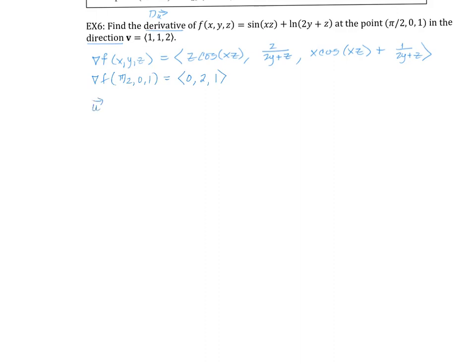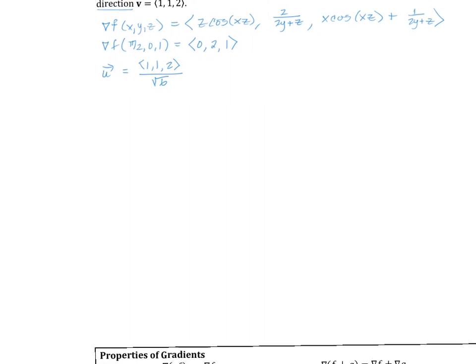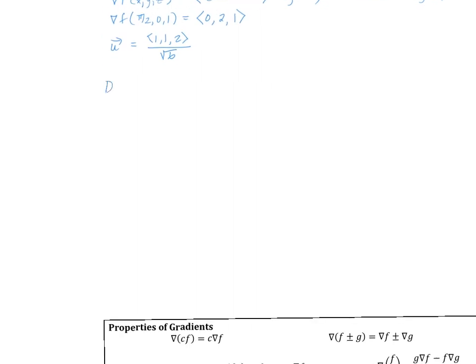I need my unit vector, which is simply my vector v, 1, comma 1, comma 2, divided by its magnitude, which would be the square root of 6. So now the derivative at pi over 2, 0, 1 is the dot product of these two vectors.